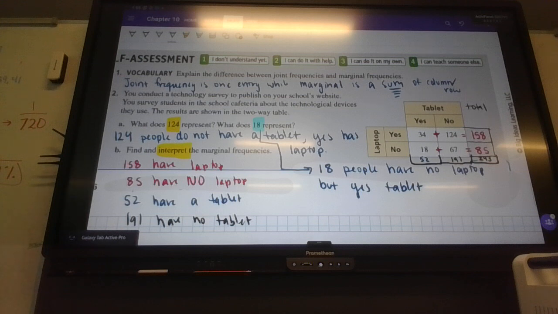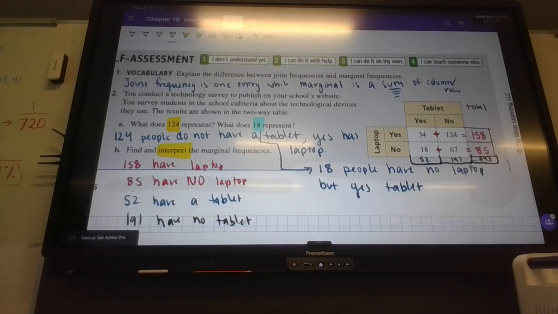And then this is all the findings. So can anybody who has not answered say how many people out of 243 said yes, they have both a laptop and a tablet? 34 have both. How many people said no, they don't have either? 67 do not have either.